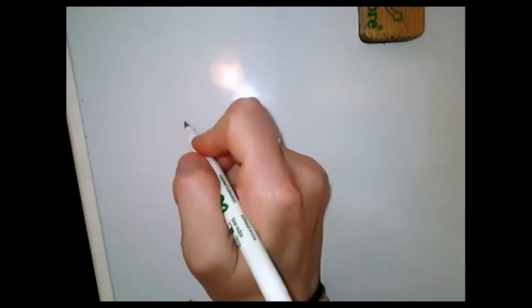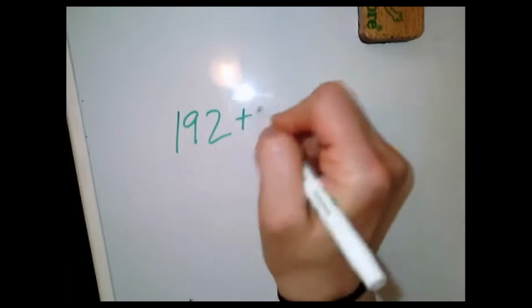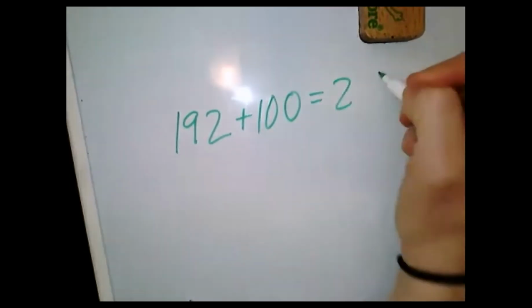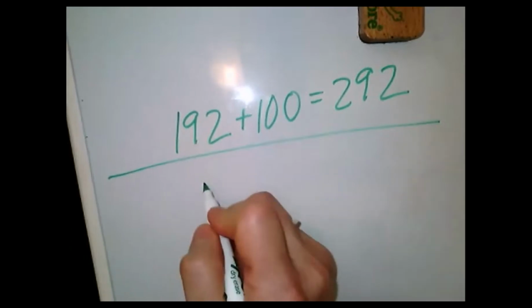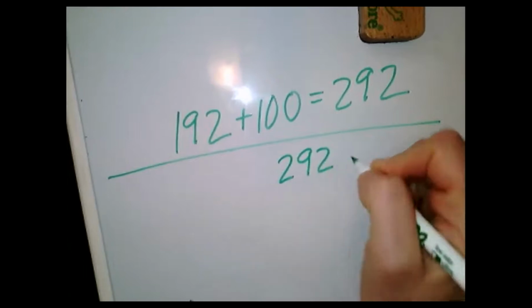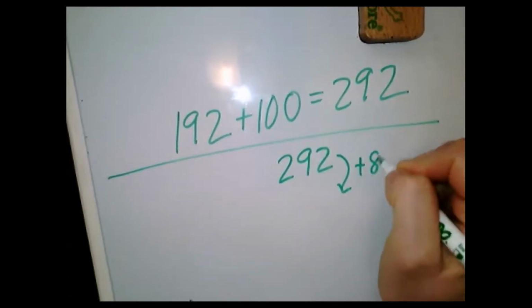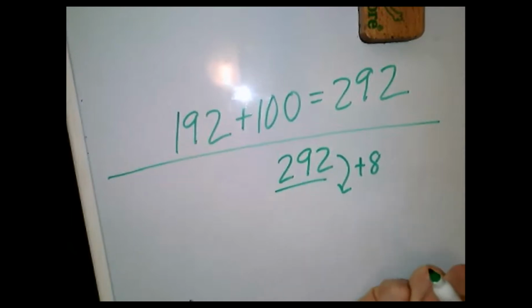Mia, I still have you up. You said that you added 192 plus 100, which are my parts to get you to 292. Then you said you added the 8. Well, what do we really want to do with 292?